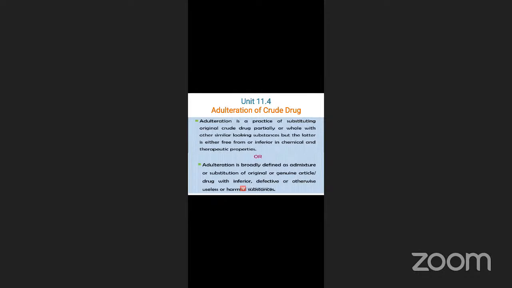It won't be original. Adulteration is broadly defined as an admixture or substitution of original or genuine article or drug with inferior or defective or otherwise useless or harmful substances. The adulterant must be some material which is both cheap and available in fairly large amount.